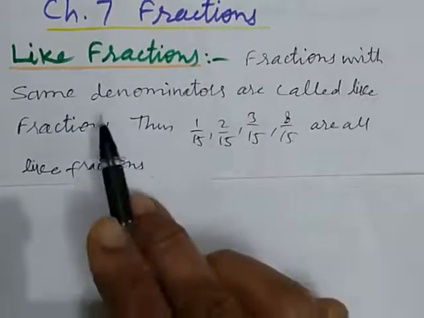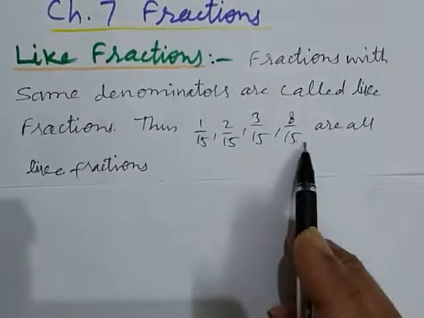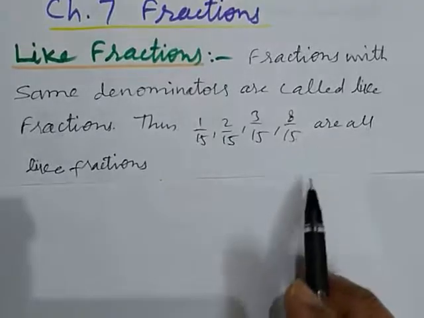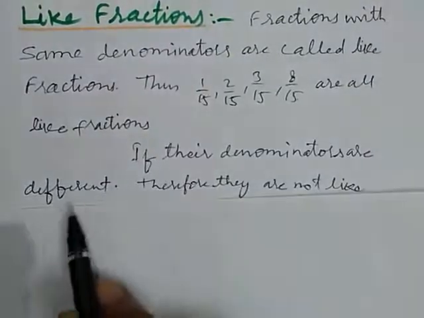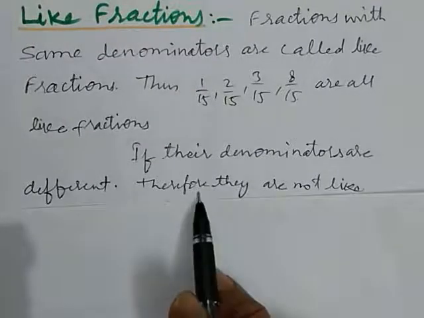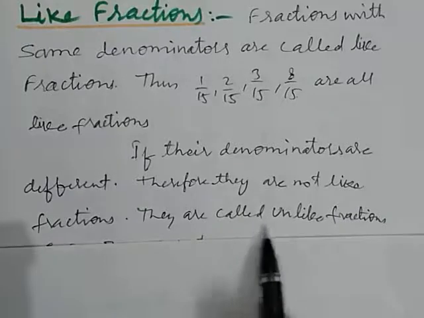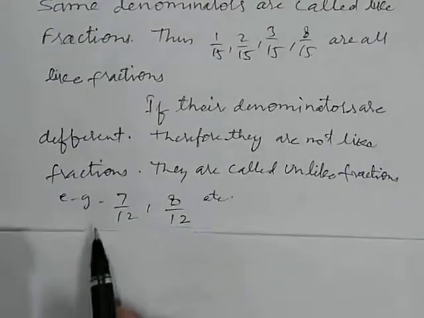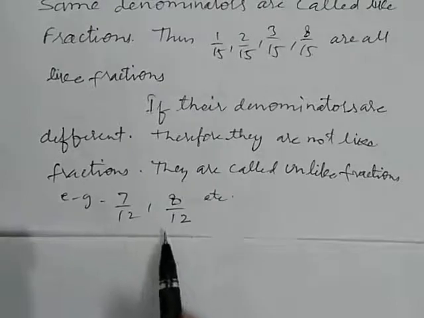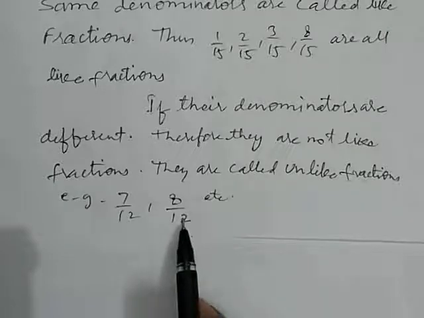You all know very well that like fractions have the same denominators. If their denominators are different, they are not like fractions. They are called unlike fractions if the denominators are different. But these have the same denominator, so they are like fractions.